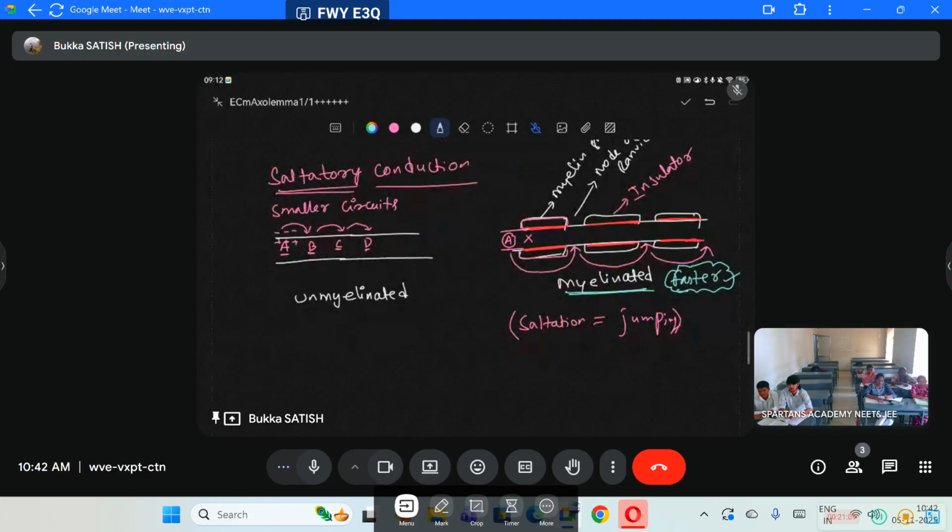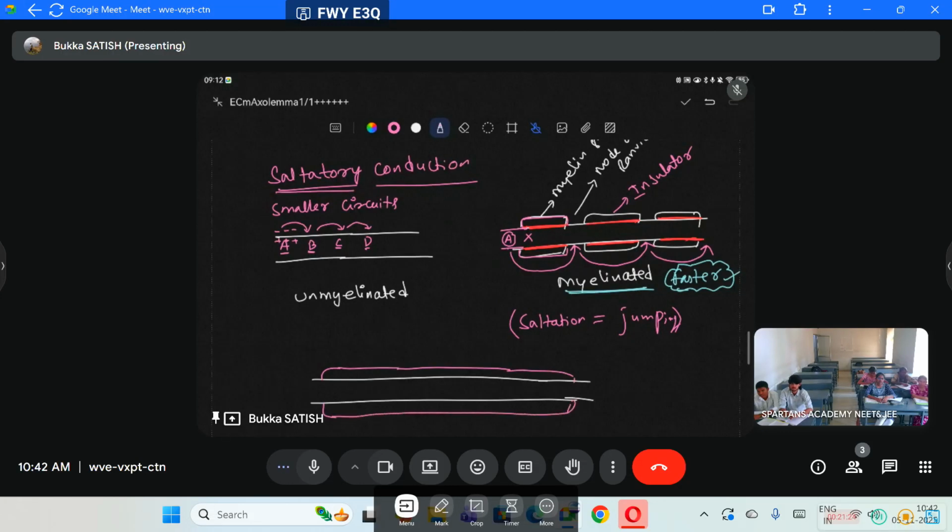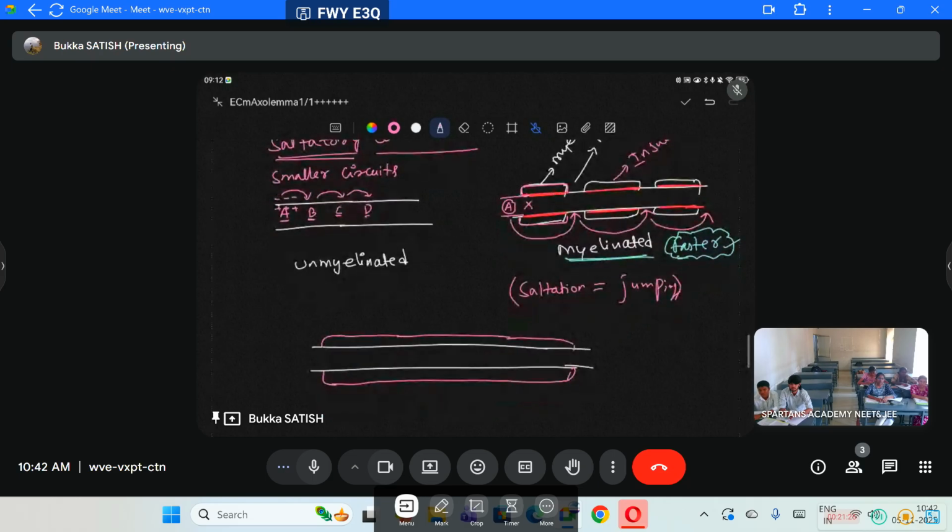Okay, and if you are clear with this, what if the myelin sheath is, for example, present throughout without any node of Ranvier? What if it is present? There is no node of Ranvier. Will there be conduction of nerve impulse? The answer is no. No conduction here. Why no conduction?